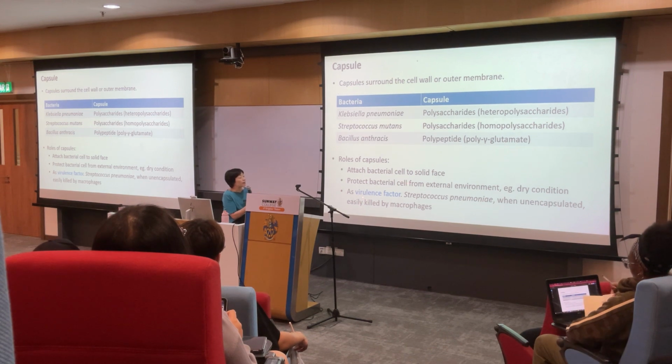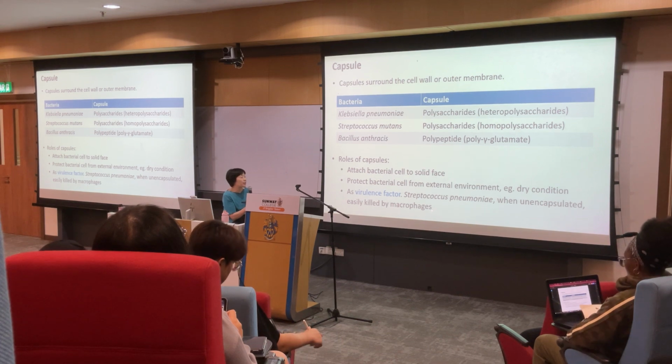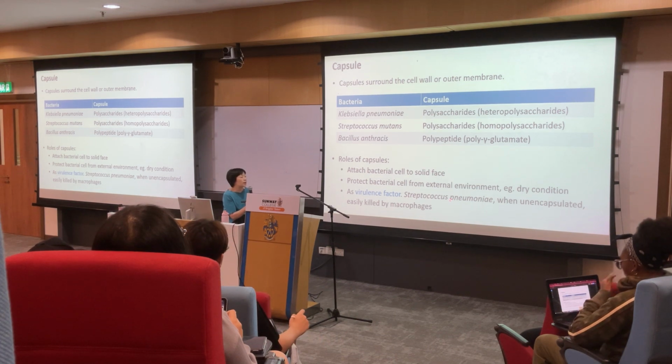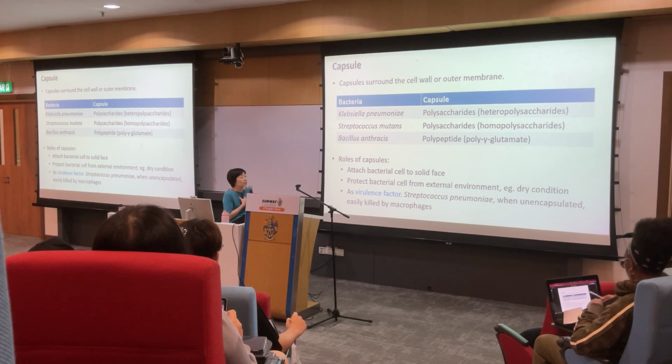It can also be considered a virulence factor. An example is Streptococcus pneumoniae, which is easily killed by macrophages when it is not encapsulated. We know Streptococcus pneumoniae can cause pneumonia.